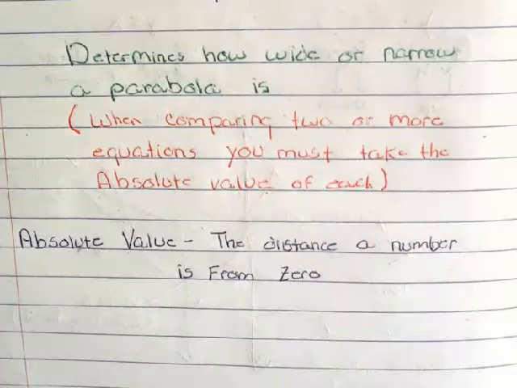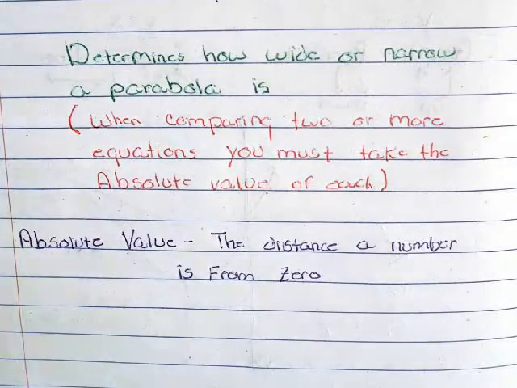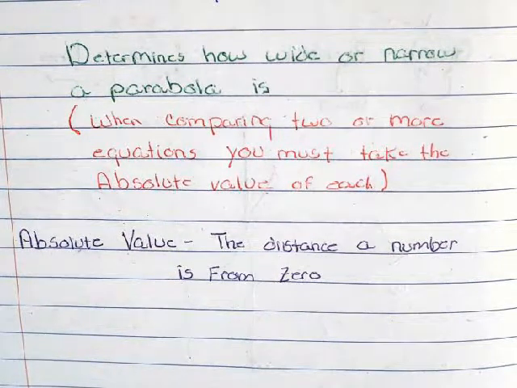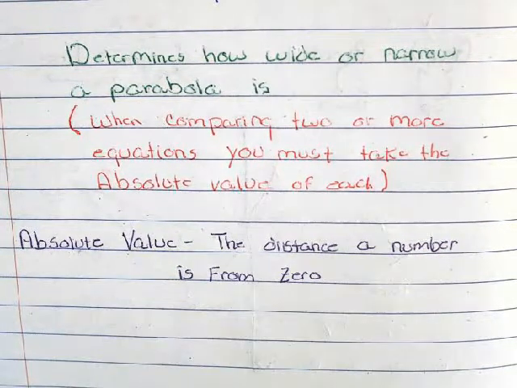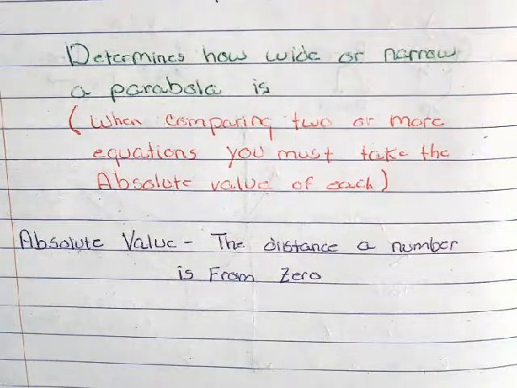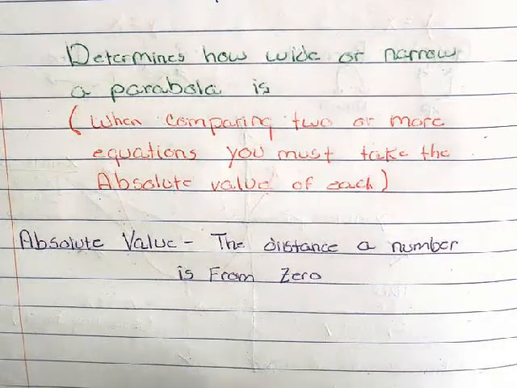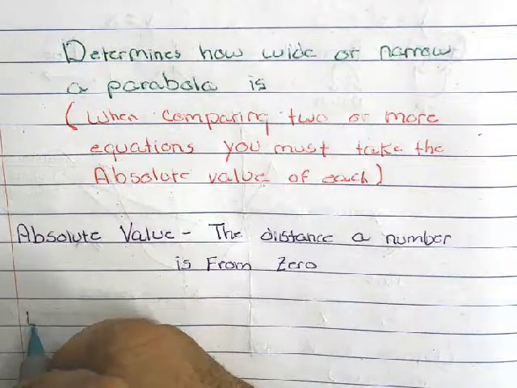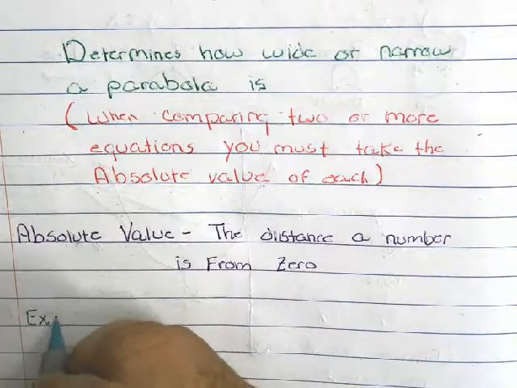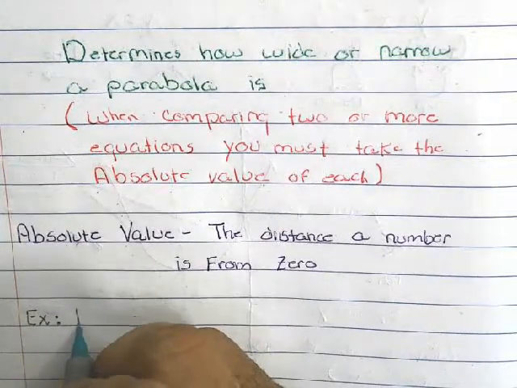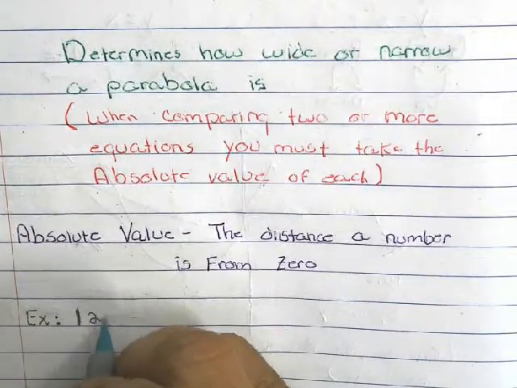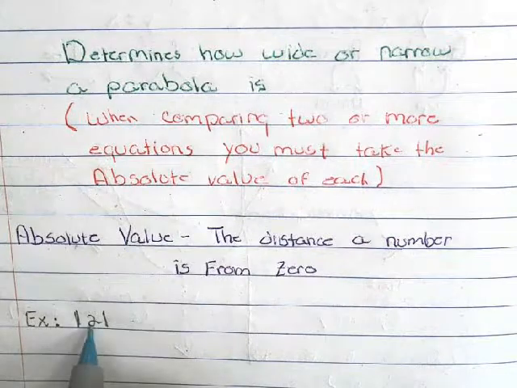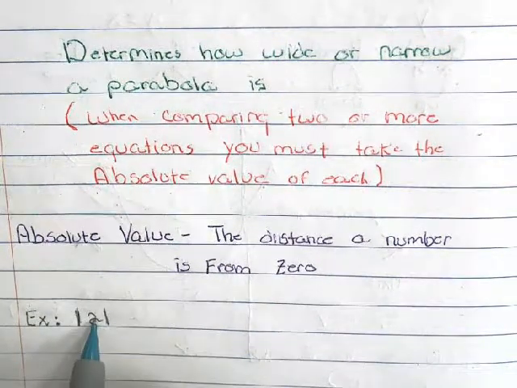That's all the definition of absolute value is. Now, here's an example, because you need to see what it looks like. These bars mean absolute value. Absolute value of 2 is 2 units from 0.